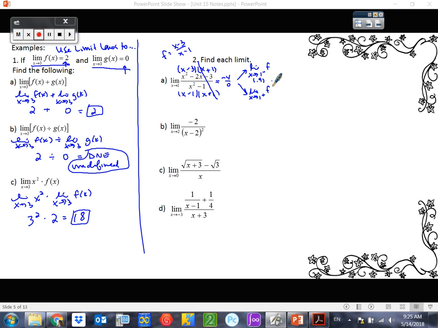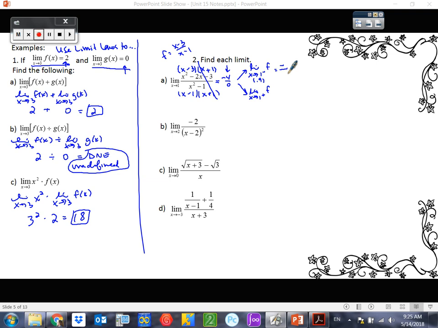I don't really only care about the signs, because what this is an indication of is a vertical asymptote. That's what this is an indication of when we have a fraction like this. Okay, there's a vertical asymptote there. And so I'm going to go 0.9, so that's 1/10 to the left. If I put a 0.9 in the numerator, I'm going to get a negative number, right?